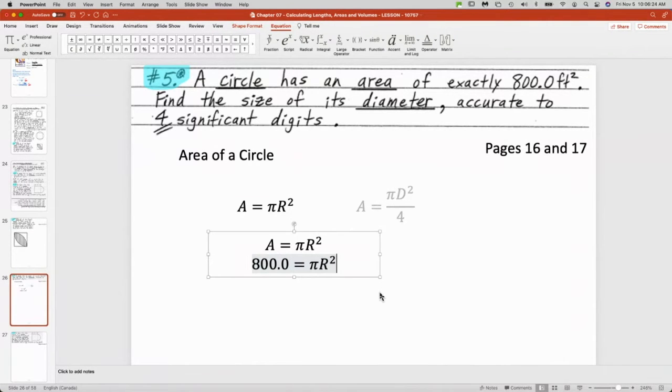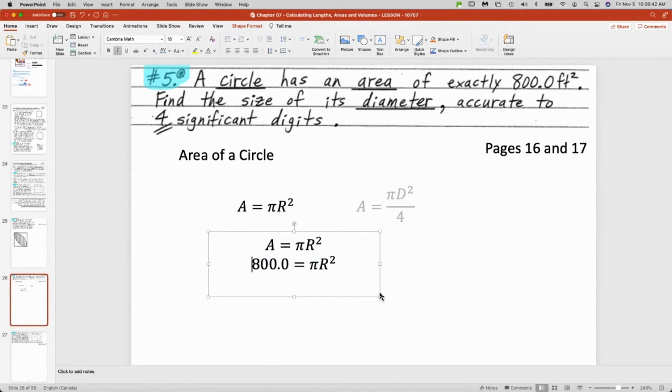We'll solve for the radius, and then we'll solve for the diameter after. If your algebra is a little bit rusty, this will be a bit of an exercise. The first thing you want to do is divide both sides by pi. You need to get to the r.